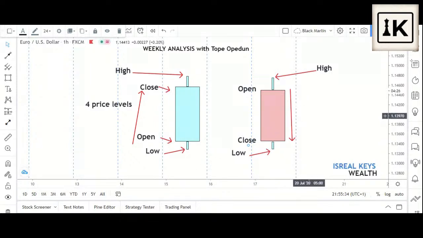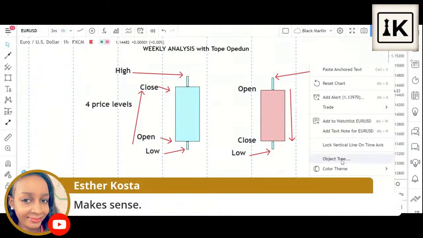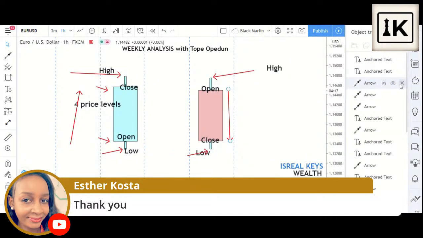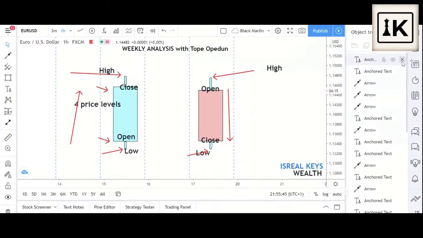Okay. All right. I'm going to clean this out, and we're going to go and see pound USD.